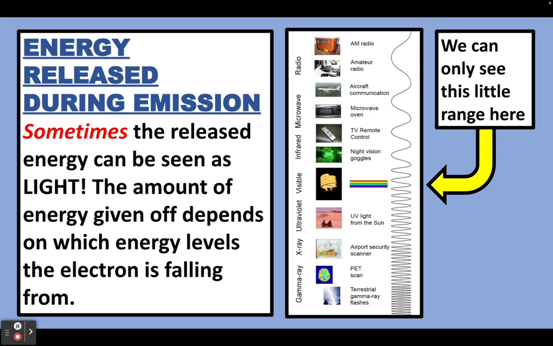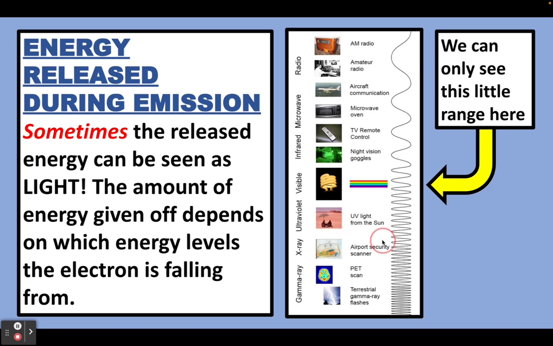So the bigger the gap there is, the larger the difference in energy is going to be. And if the electron jumps a larger distance from a high energy to a low energy, then the photon of light emitted is going to have more energy, and therefore it's going to have a certain wavelength.